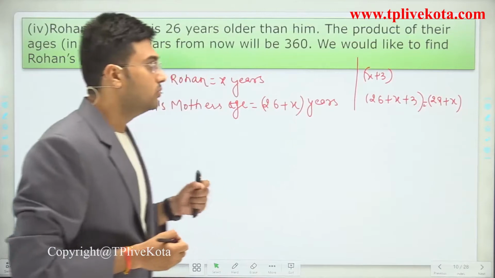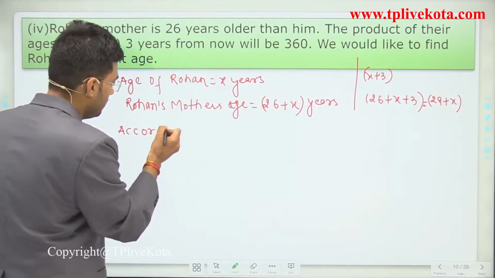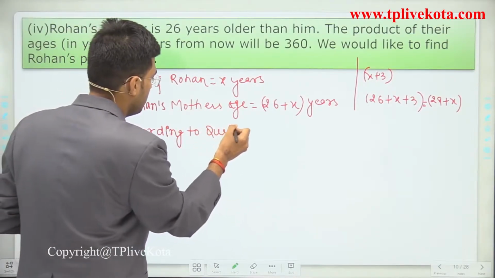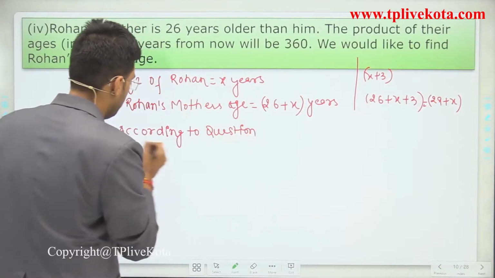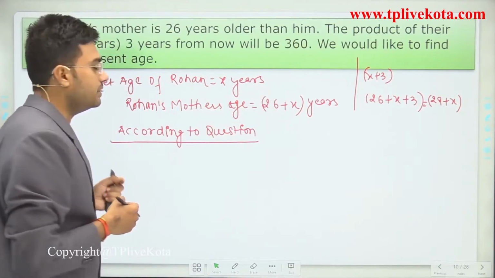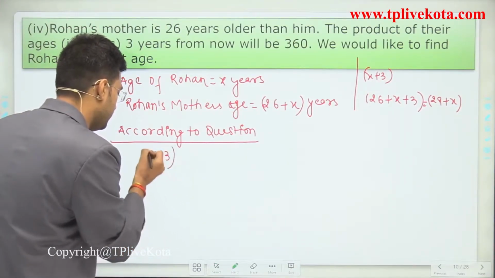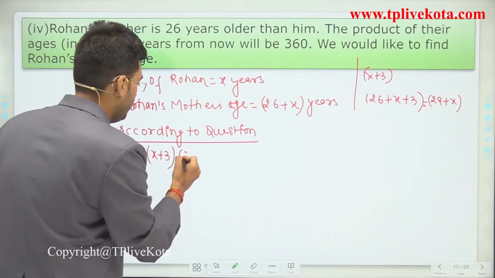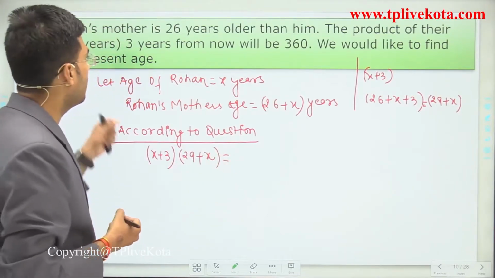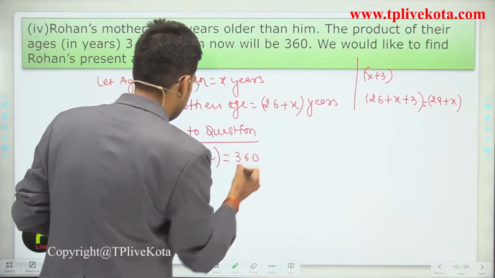Clear? So now according to the question, the product of their ages after 3 years, that is x plus 3 multiplied by 29 plus x, is equal to 360.